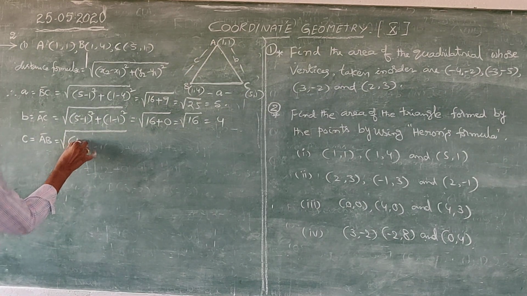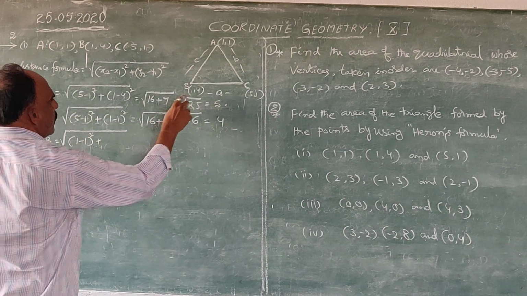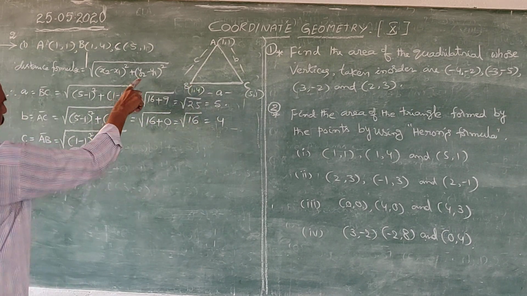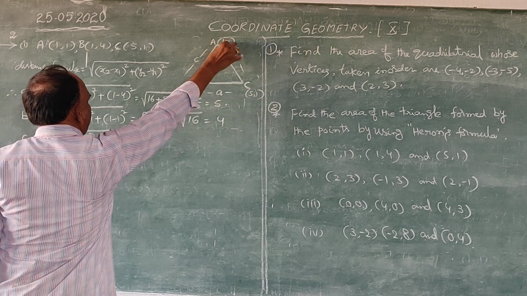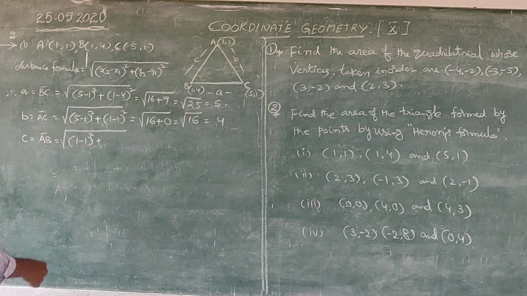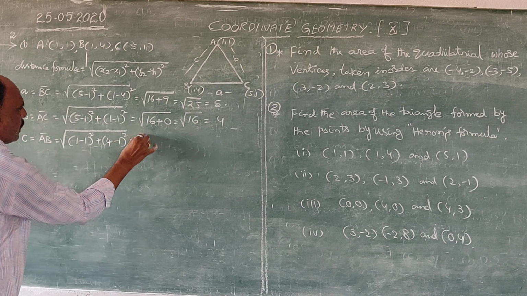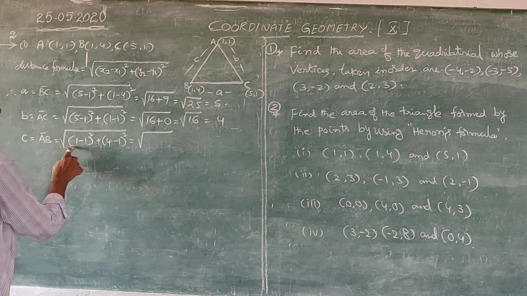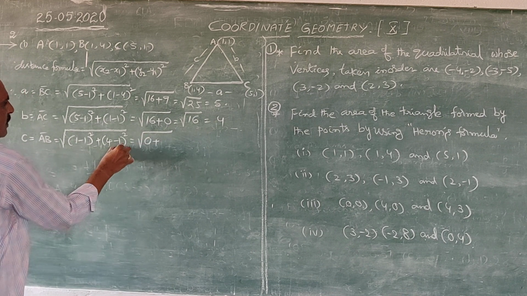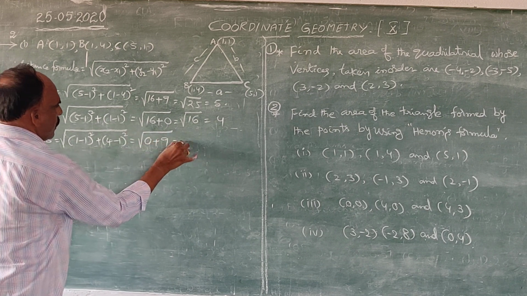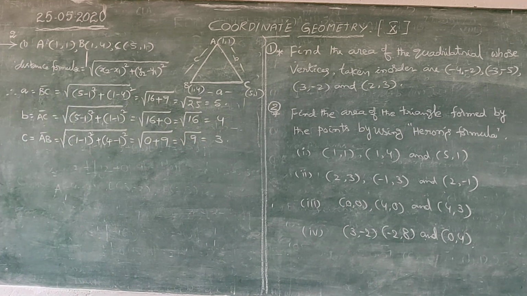So (1 minus 1) whole square plus (y2 minus y1) whole square. y2 is 4, y1 is 1. So (4 minus 1) whole square. That is equal to the square root of 1 minus 1 square 0, plus 4 minus 1 is 3, 3 square is 9. So root 9 is equal to 3.